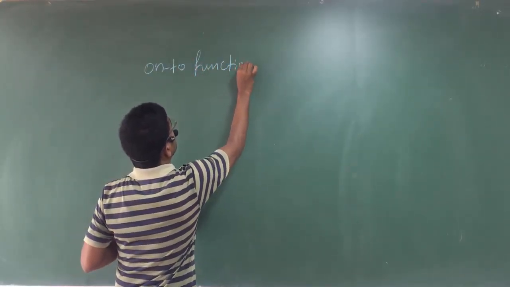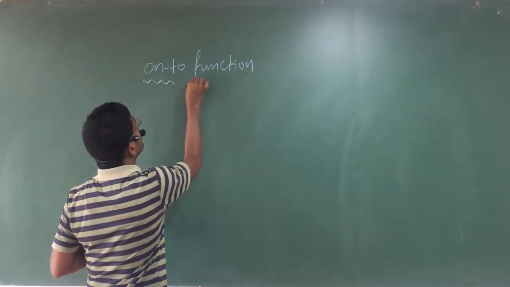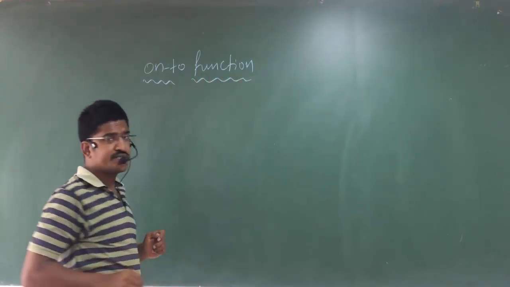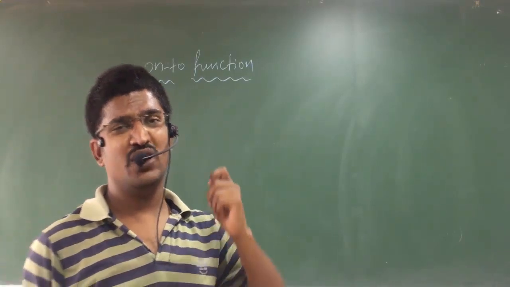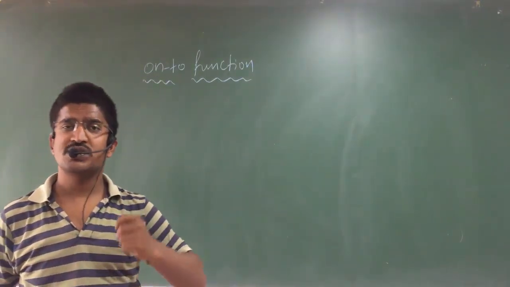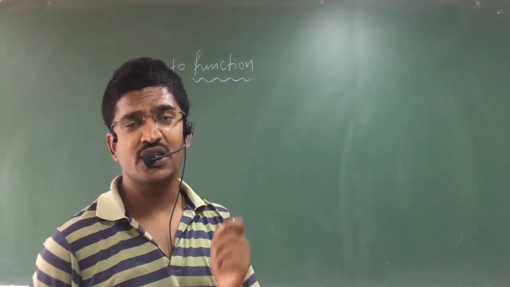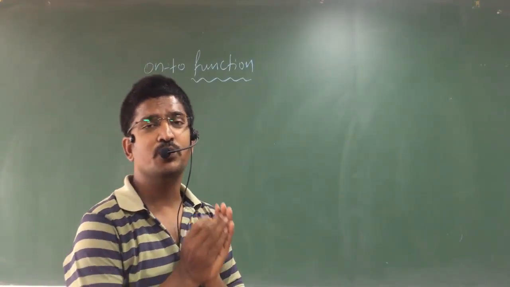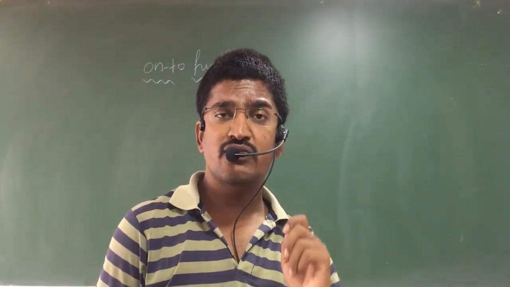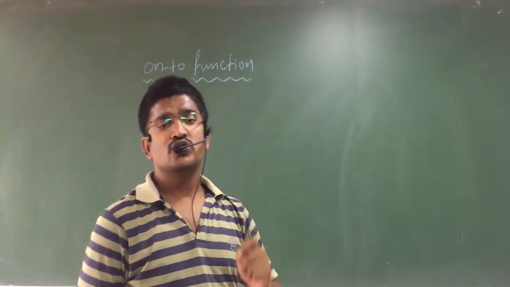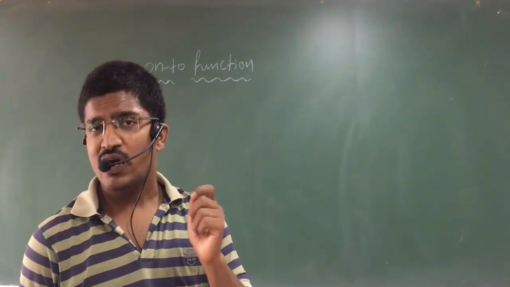If you want to define an onto function, you must know the domain and you must know the codomain. In a one-one function also, you must know the domain and the codomain. If you have a complete idea of domain and codomain, it will be very useful to solve one-one and onto.